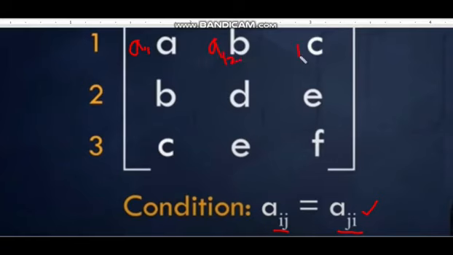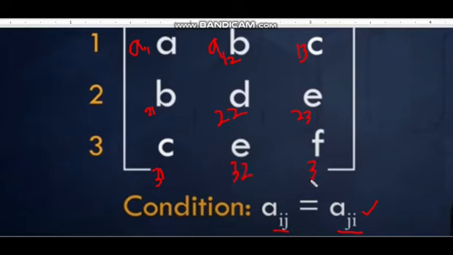This is in the position A13, first row, third column. Here, second row, first column. Second row, second column. Second row, third column. Here, third row, first column. Third row, second column. Third row, third column.